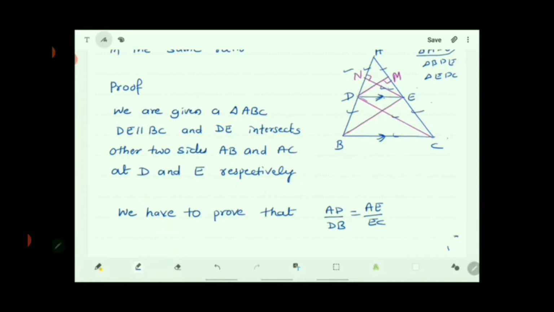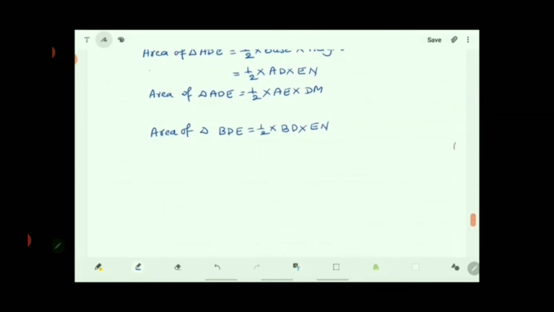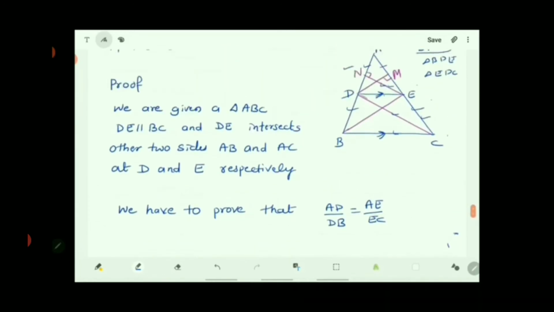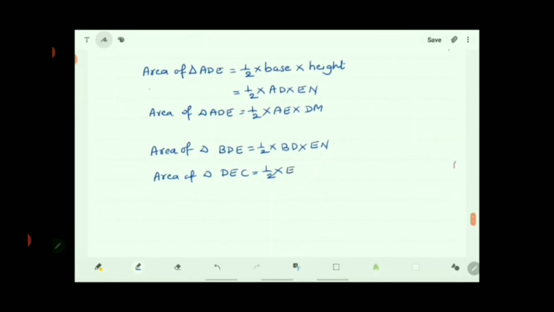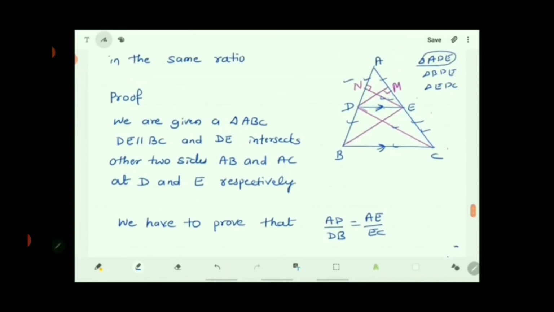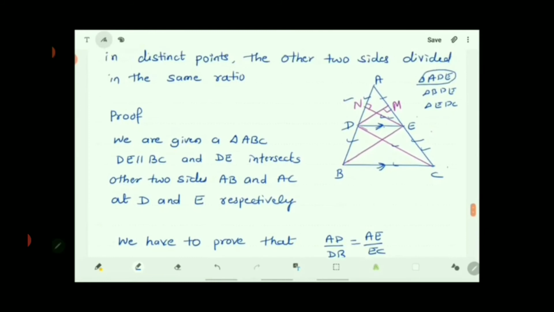For this triangle, DM becomes the height. If you consider EC as a base and DM as height, area of triangle DEC is half into EC into DM.